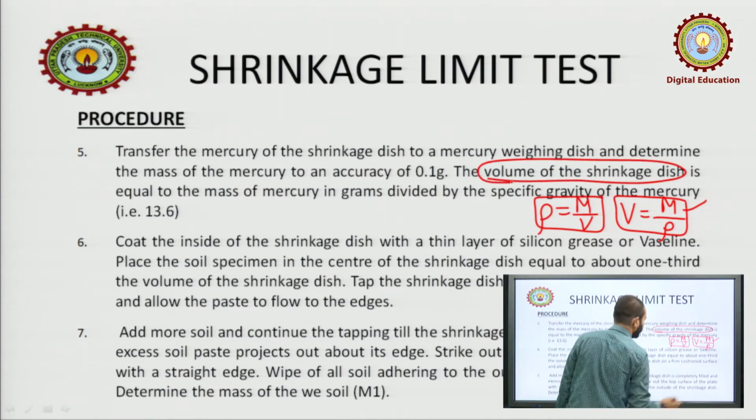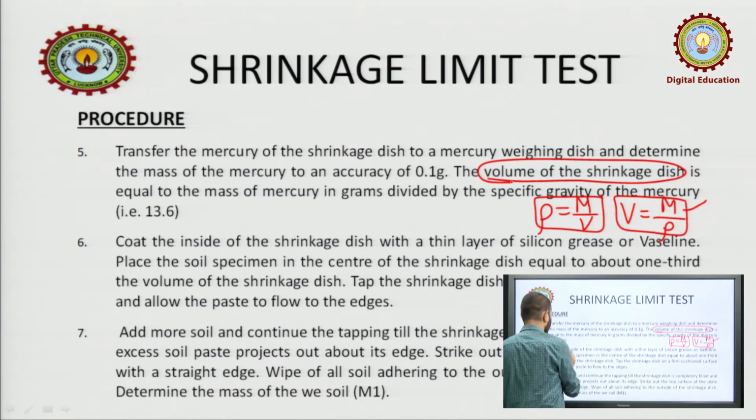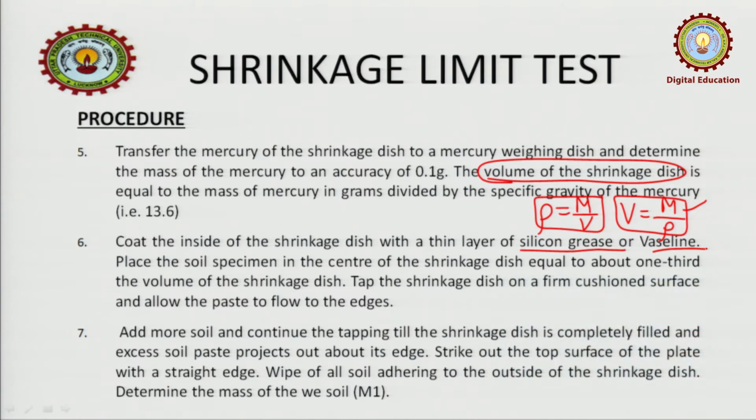We already have obtained the volume of the shrinkage dish. Coat the inside of the shrinkage dish with a thin layer of silicon grease or Vaseline. Place the soil specimen in the center of this shrinkage dish, equal to about 1/3 the volume of the shrinkage dish. Tap the shrinkage dish on a firm cushioned surface and allow the paste to flow to the edges.